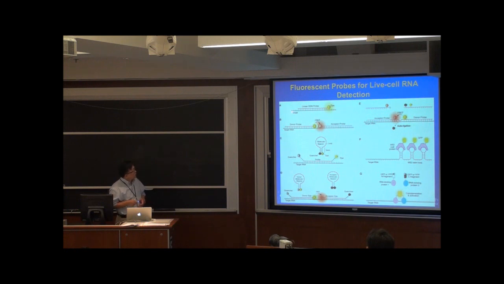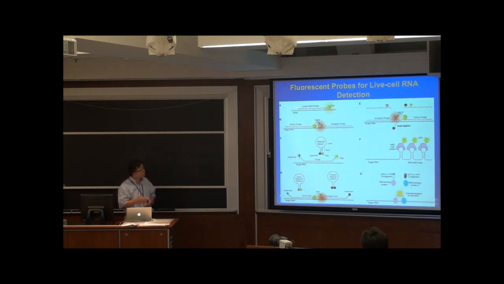The simplest probe for RNA detection and imaging is, let's see, this is the RNA molecule, a specific sequence of an RNA molecule you want to image. The simplest way is just to take the complementary sequence, which is a linear oligo, then you attach a dye, right?